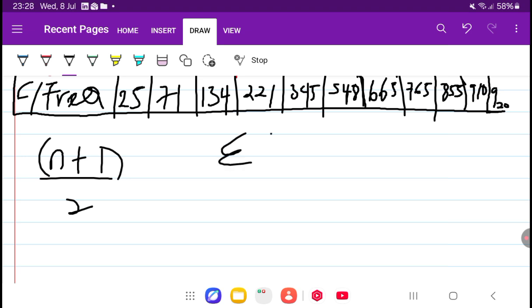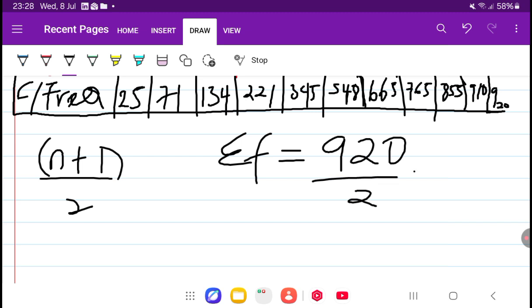So we've gotten our summation f, which is the n, as 920. If we divide this by 2, it will give us 455.